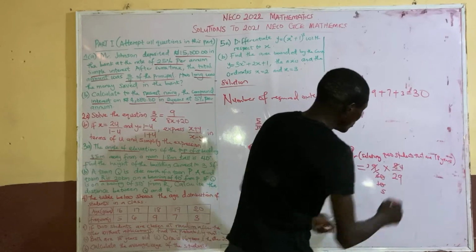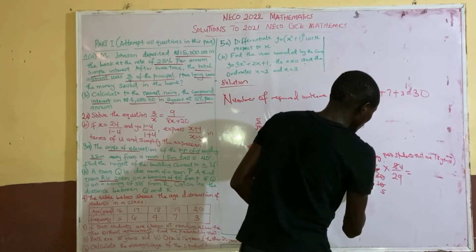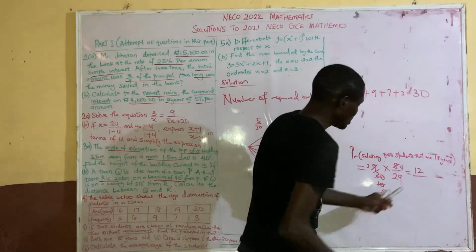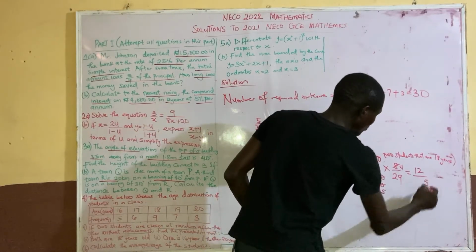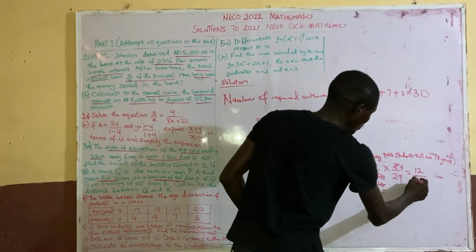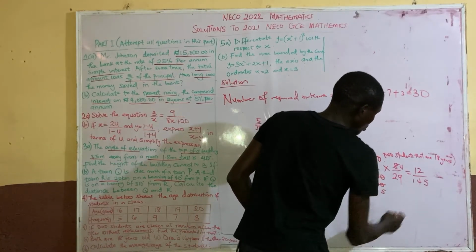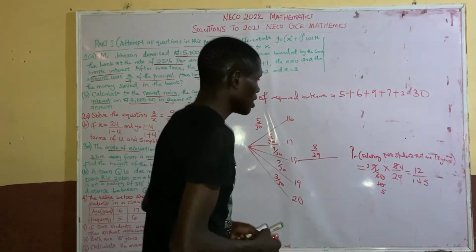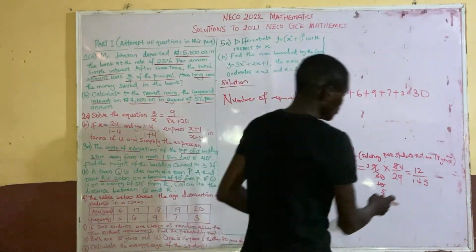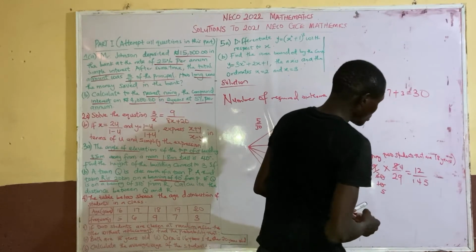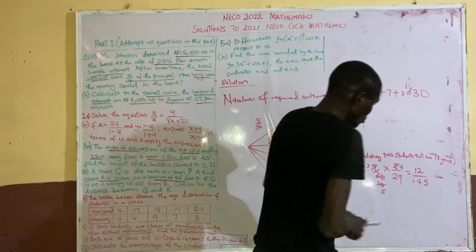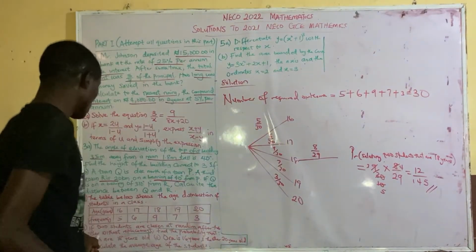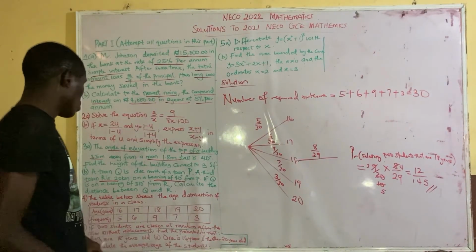So 3 times 4 we have 12, all over 5 times 29, which is 145. So that is the probability of obtaining both to be 18 years old.